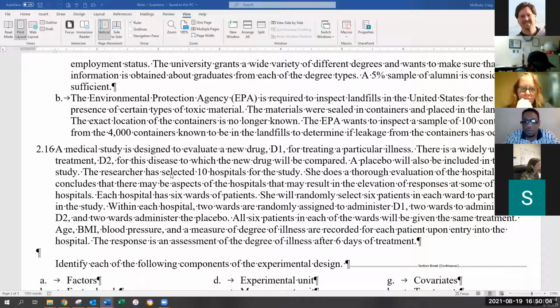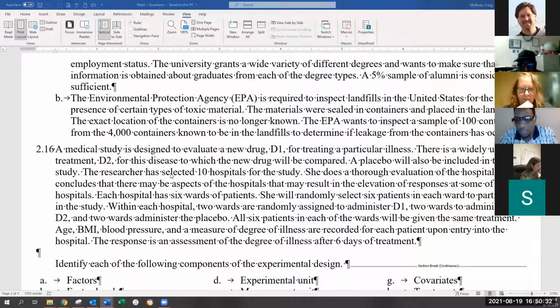And then all 6 patients in each of the wards get the same treatment. So each ward is its own little cluster, right? In that one ward, all 6 patients get the same drug. It's almost like its own block. That ward gets this glaze, and then this ward gets a different glaze, so you can see how the wards are the replications.